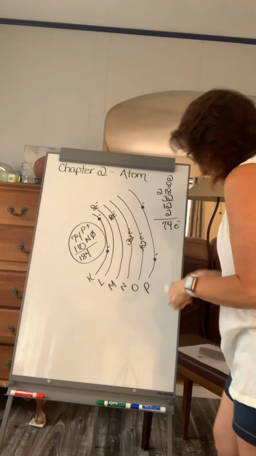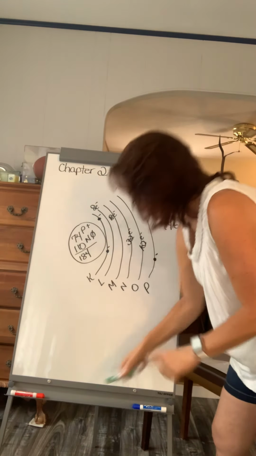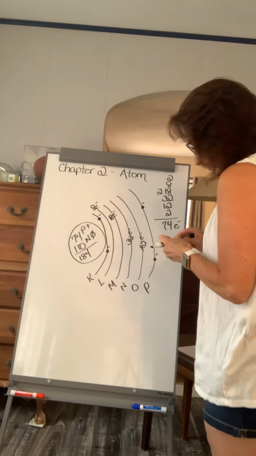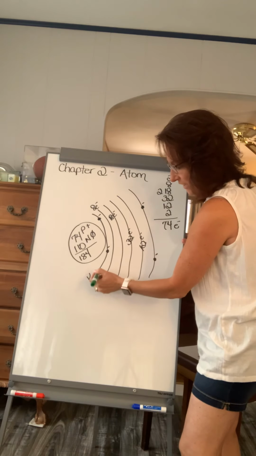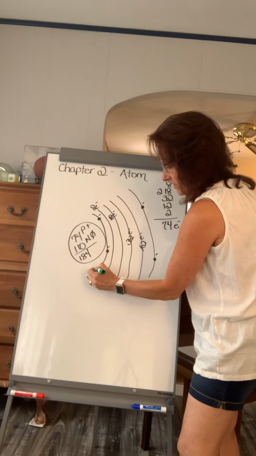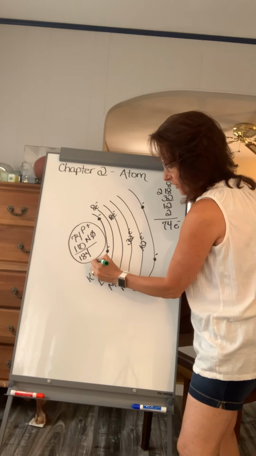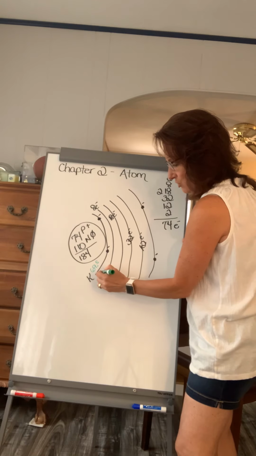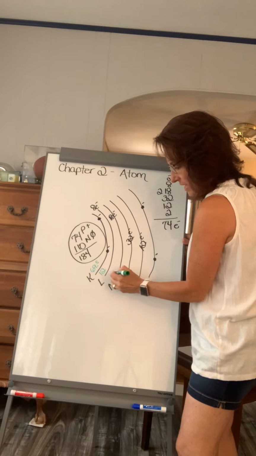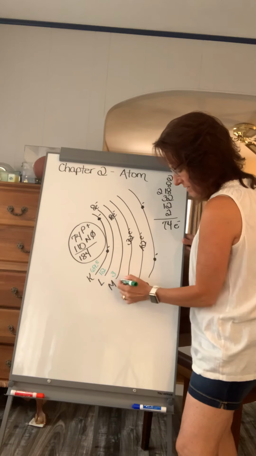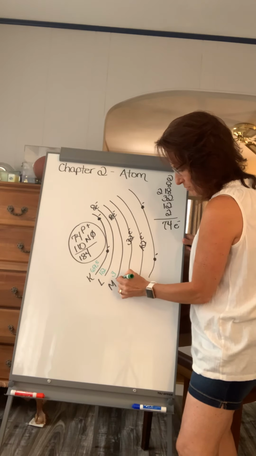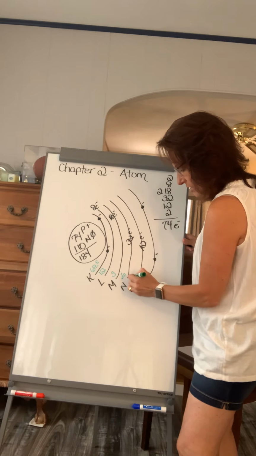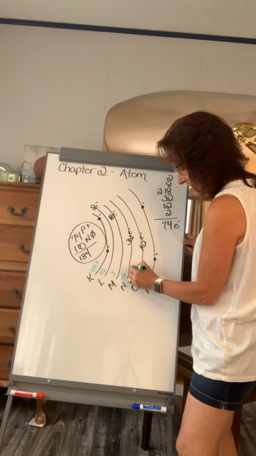Okay? The binding energy on these particular shells, if we look at that, the binding energy for K shell is 69.5. L binding energy is 12. M is 3. N is 0.6. O is 0.08.